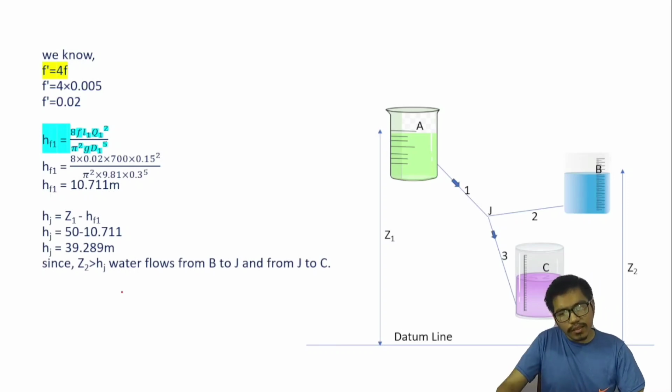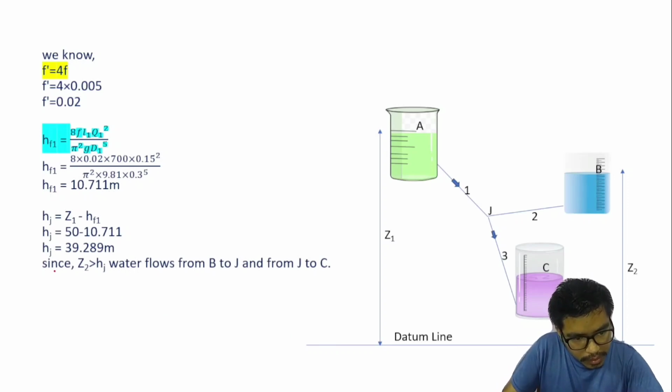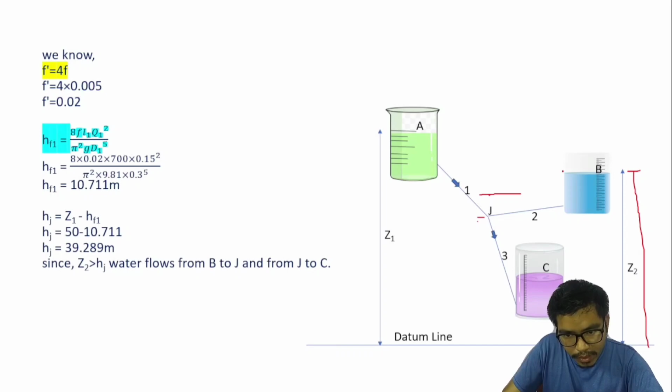Since Z2 is greater than the total head of J, water flows from B to J, and from J to C because C is the lowest point.